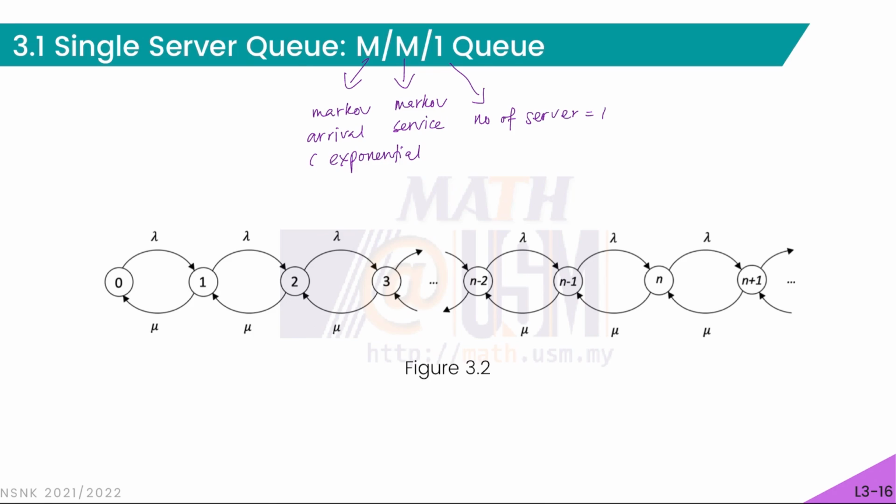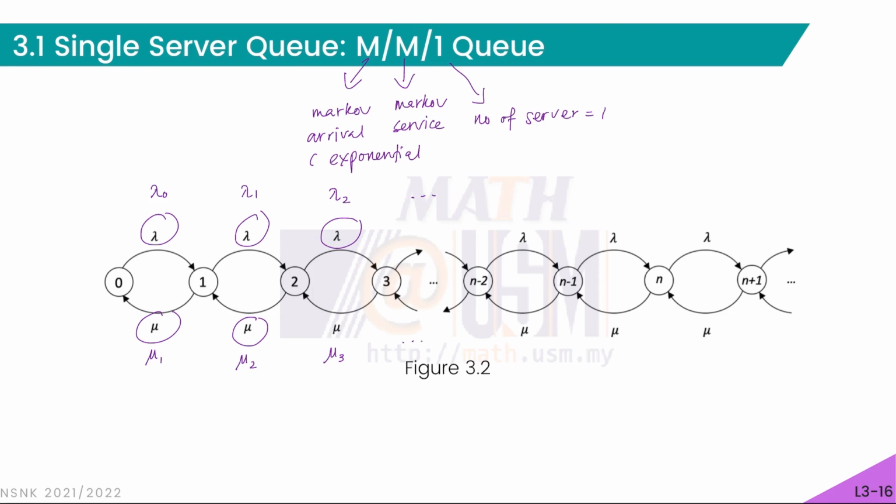By looking at our transition diagram in figure 3.2, the arrival rate for the customer is lambda for all states, and the service rate is mu for all states as well, starting from state 1. So this is your mu1, mu2, mu3, and this is your lambda naught, lambda 1, lambda 2, and so on.